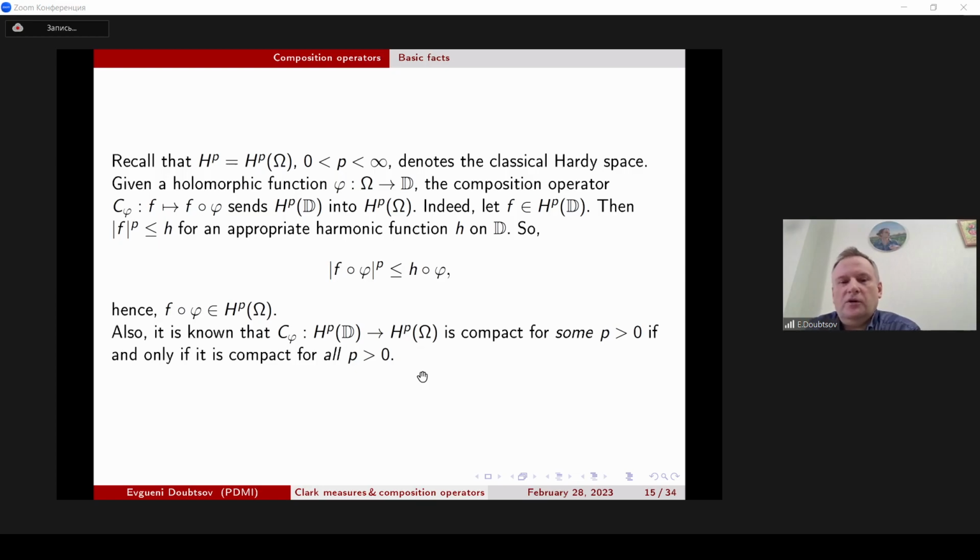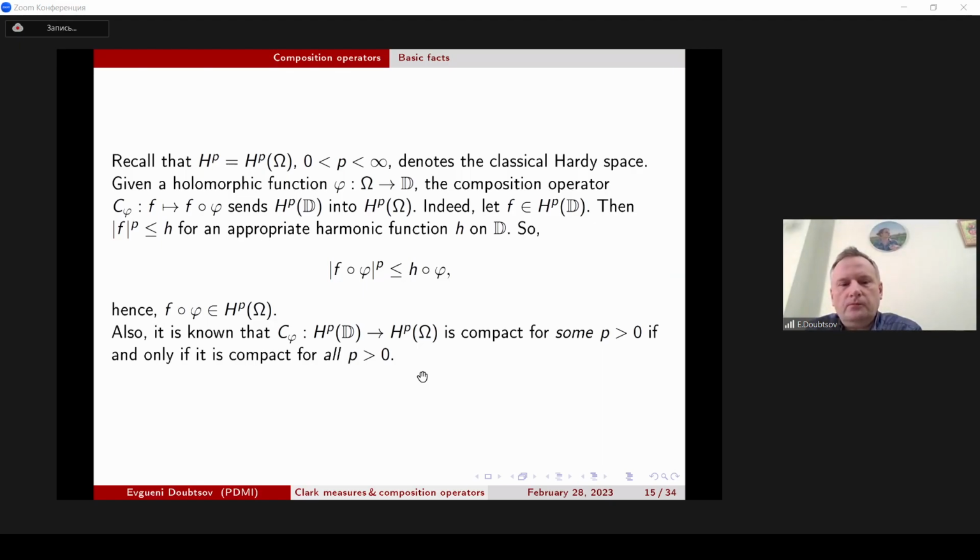And again, this is still a characterization of HP in omega. So we see that each function in HP on the disk goes, after application of this operator, to a function in HP on the domain.